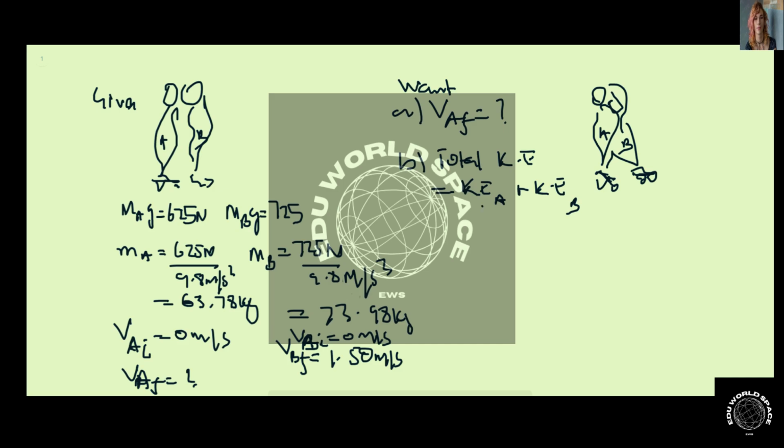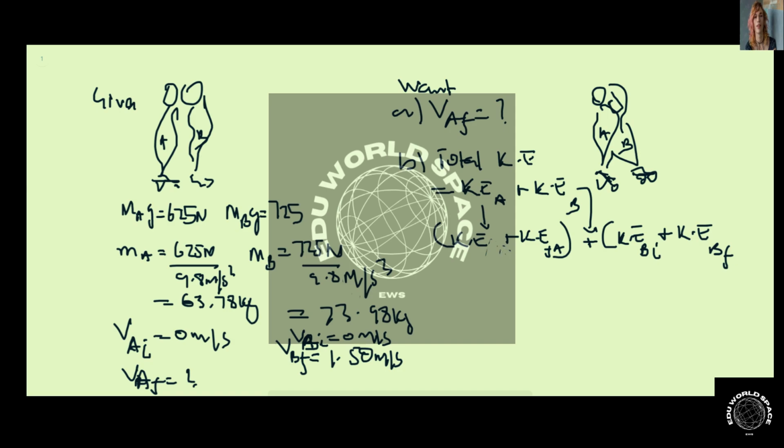And remember, this encompasses both the initial kinetic energy of A plus the final kinetic energy of A. That's one part. The other part would be plus the initial kinetic energy of B plus the final kinetic energy of B. So I'm just going to change this to make things a little more comfortable, to follow the same convention.